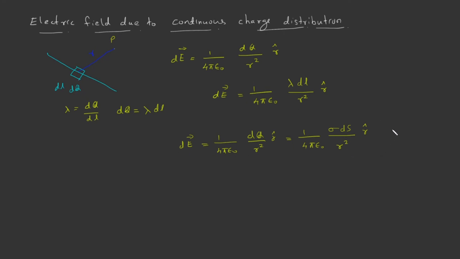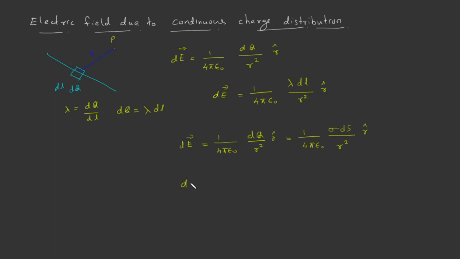Integrating within limits, we can get the total electric field at point P due to this surface charge distribution, where sigma is the surface charge density.